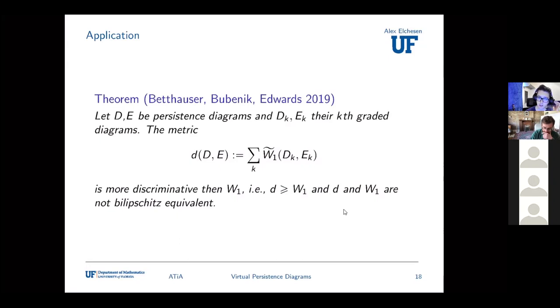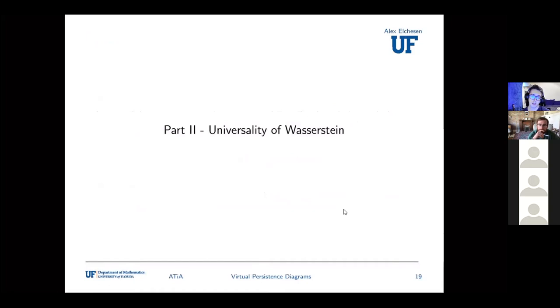Betthauser and coauthors prove that this metric is more discriminative, and they define formally what discriminative means. This metric is bigger than the one Wasserstein distance, and it's not bi-Lipschitz equivalent. So it's somehow spacing things out more, but it's a stronger metric in the sense that it's not just a scalar multiple of the one Wasserstein distance. We're also thinking about more applications of this that we're working on, which I may talk about at the end. Okay, so part 2.